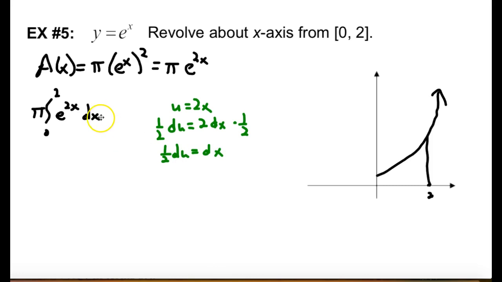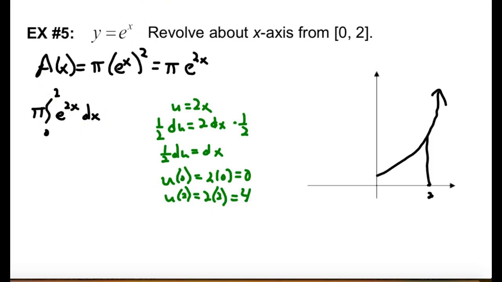So then we could actually just go ahead and evaluate u of 0. If we want to go ahead and change our bounds, u of 0 would be 2 times 0, which is 0, and then u of 2 would be 2 times 2, so that would be 4.